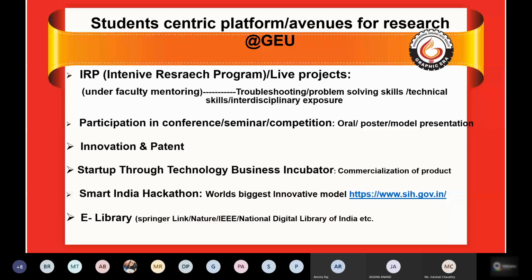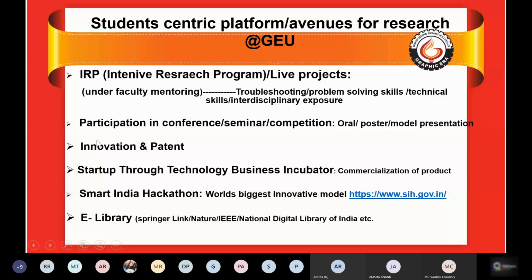Same is the case here where you will be able to present your research, your findings, as an oral or poster model.